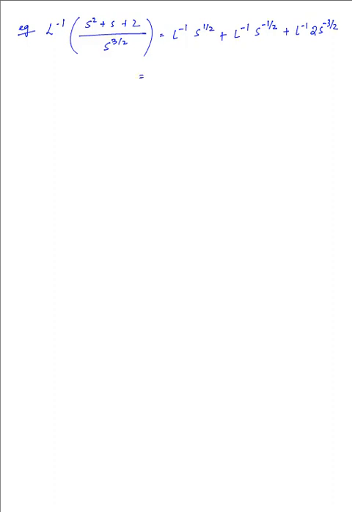So this is t raised to the power n minus 1, here t raised to the power half minus 1 is going to be minus half, divided by n minus 1 factorial, so this is minus half factorial, then plus over this, in this case t raised to the power minus half minus 1 is minus 3 by 2, and this is minus 3 by 2 factorial, and then finally for the third term we have minus 3 by 2, we have a 2 outside, and then we have t raised to the power minus 3 by 2 minus 1 is minus 5 over 2, and minus 5 over 2 factorial.